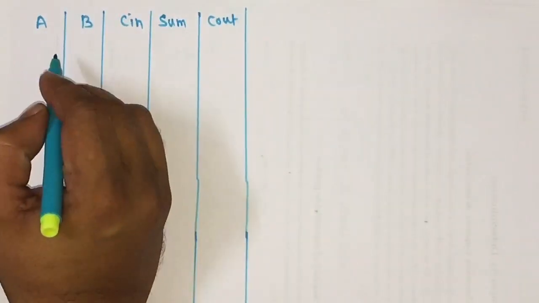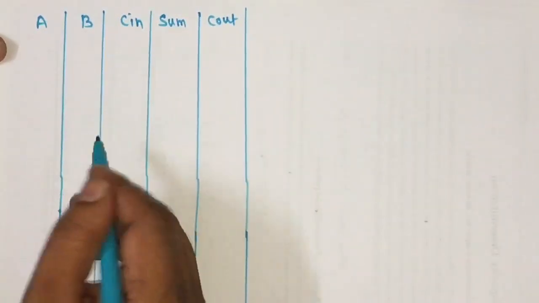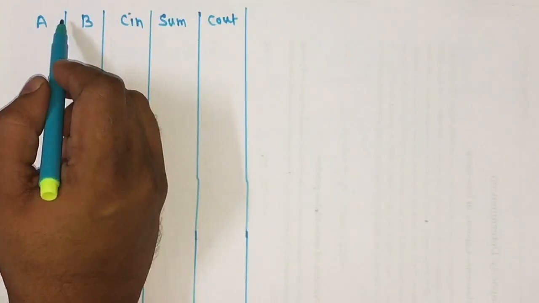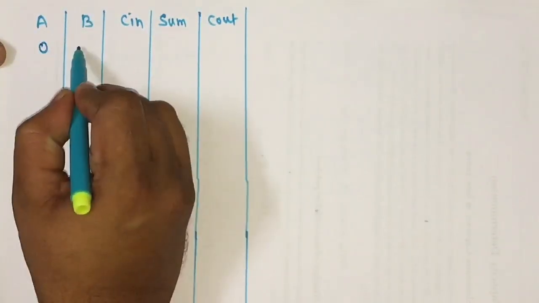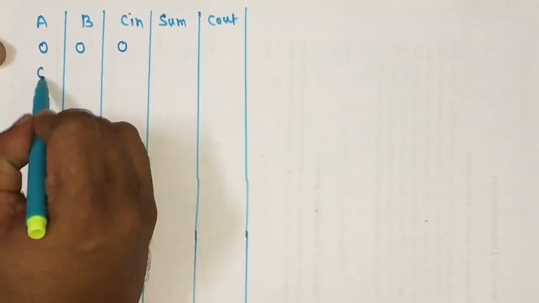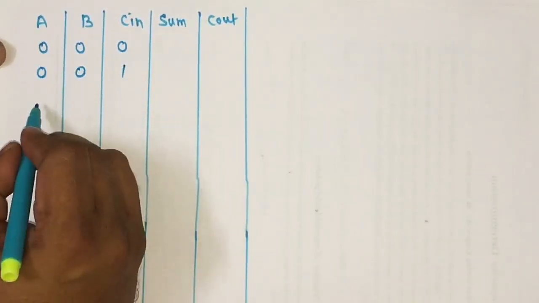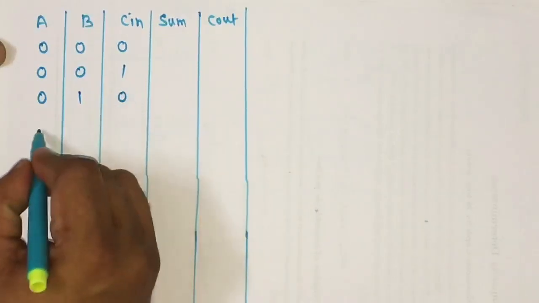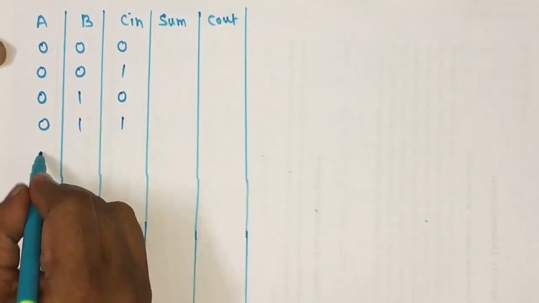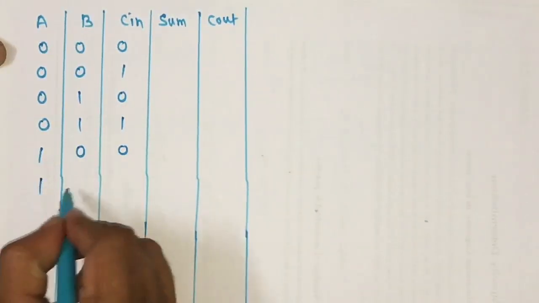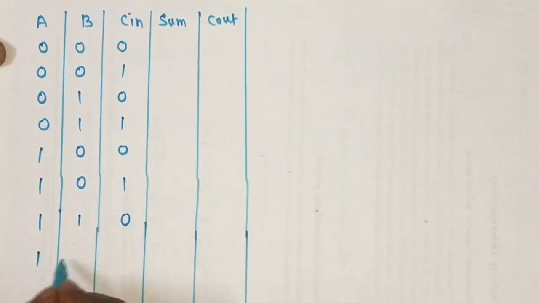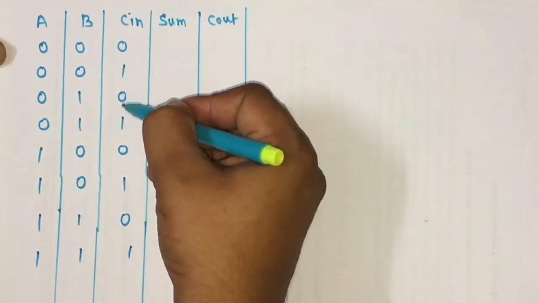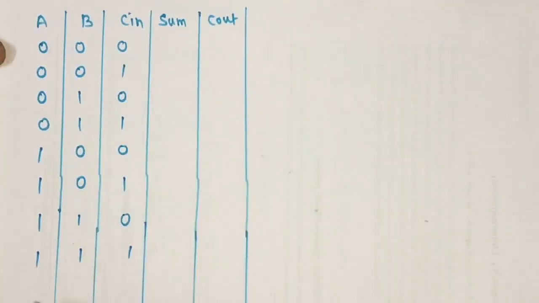For 3 inputs we get 2 raised to 3, that is 8 possible cases. The cases are 0 0 0, 0 0 1, 0 1 0, 0 1 1, 1 0 0, 1 0 1, 1 1 0, and 1 1 1, numbered 0 to 7. So a total of 8 cases are there.